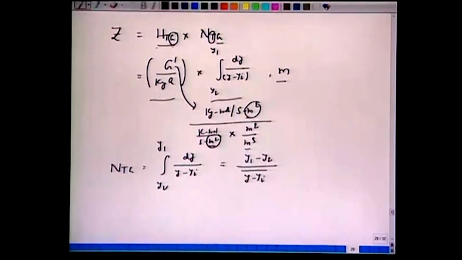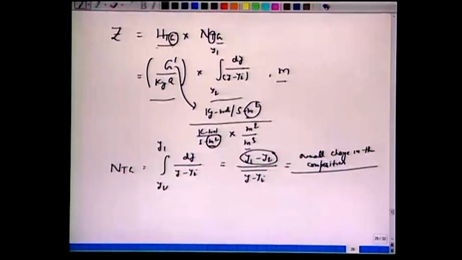So, what we have, how much is the separation here? Overall change in the compositions, from one end of the column to the other end of the column, y1 minus y2. It is the overall change in the compositions from 1% to say 0.001%, 10,000 ppm to 1 ppm, that is y1 minus y2 across this column.